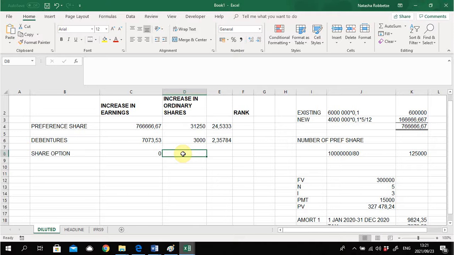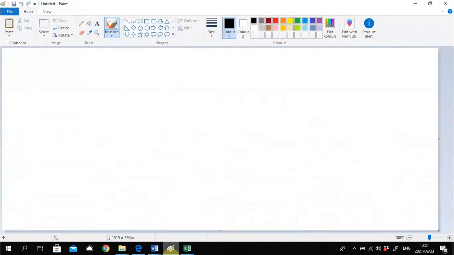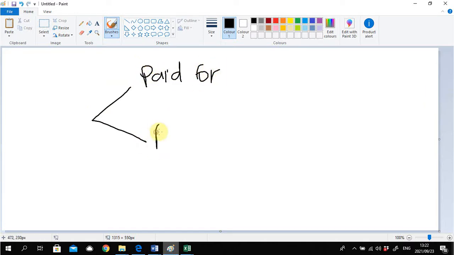And then for the calculation of the increase in ordinary shares, we need to go and calculate the bonus shares that can be obtained due to this share option. So if we look at the situation given in note number 2, we have a portion of the option that was paid for and a portion that was bonus, that was not paid for.